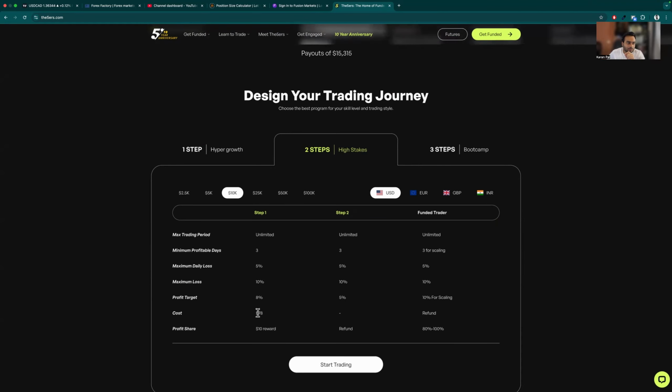That means from $78, you can lose $1,000. And if you're losing $1,000 from the prop firm on a 10K account, that means you've almost lost $1,000 on the broker account. It's similar.